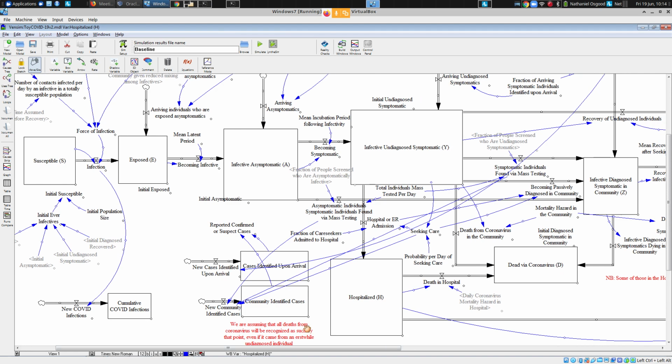Now, this is a theory of COVID that is drawn out here in quite specific ways according to a diagram language called stock and flow modeling, or Forrester diagrams. It's a very popular way of depicting our understanding of the structure of a dynamic system, a system whose change over time depends on its current situation. For example, if we have no infectives in the population whatsoever, even if we have a population full of susceptibles, no one will get infected.